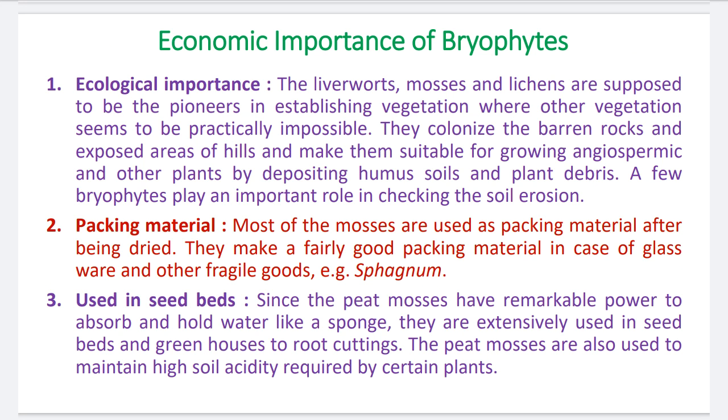The liverworts, mosses and lichens are supposed to be pioneers in establishing vegetation, where other vegetation seems to be practically impossible. Okay, they are pioneers in establishing vegetation and they can facilitate the environment, or facilitate that soil, for the development of other angiospermic vegetation.